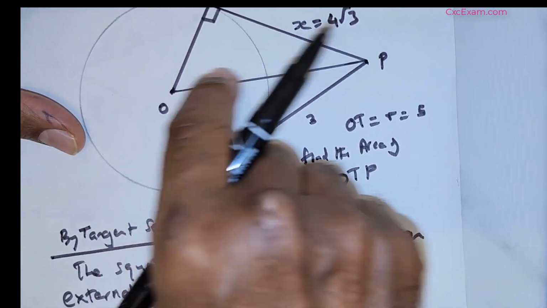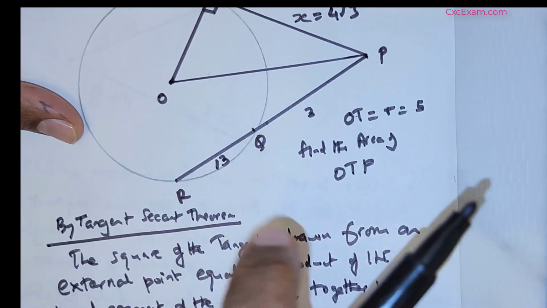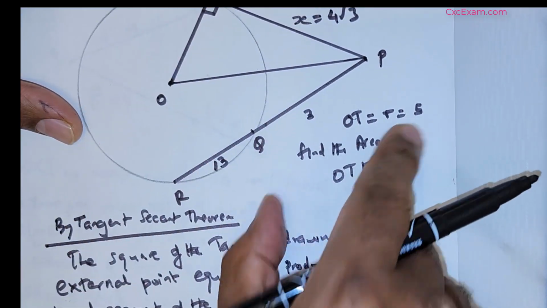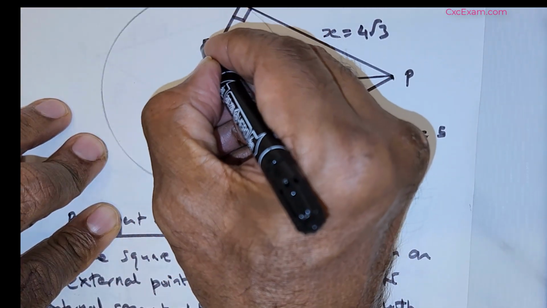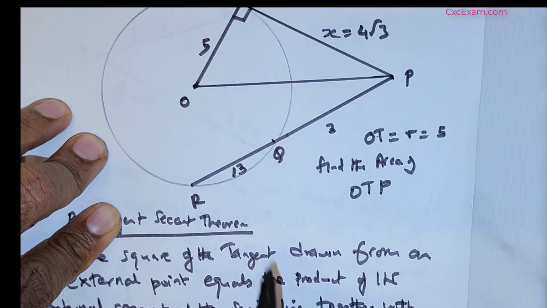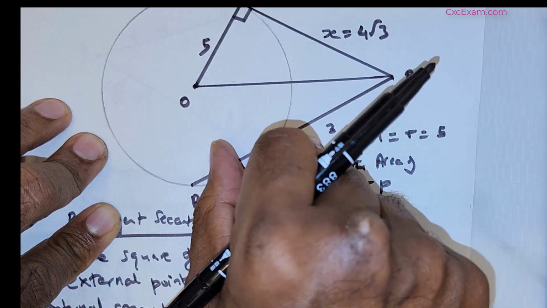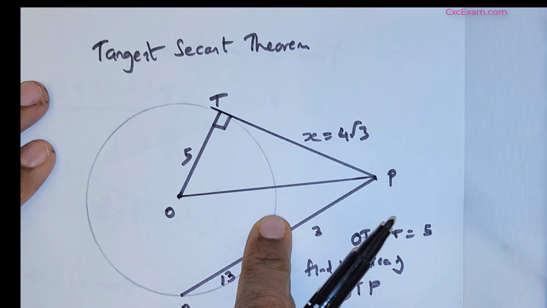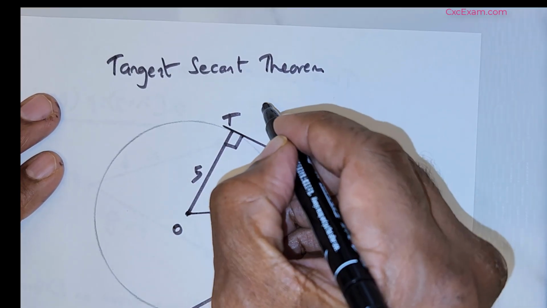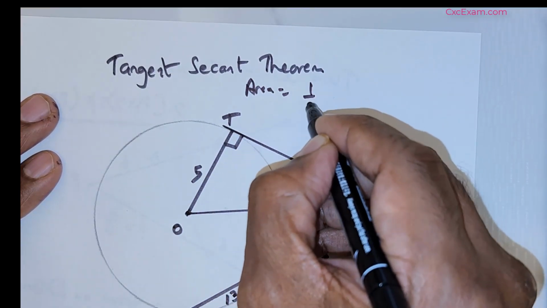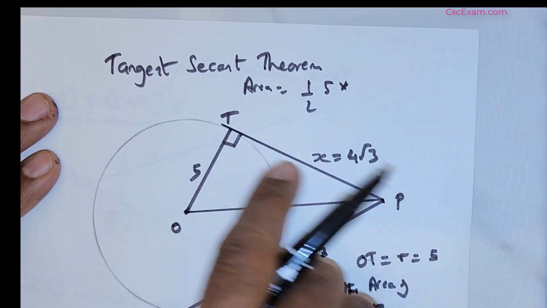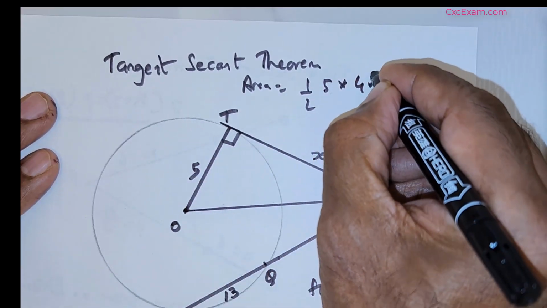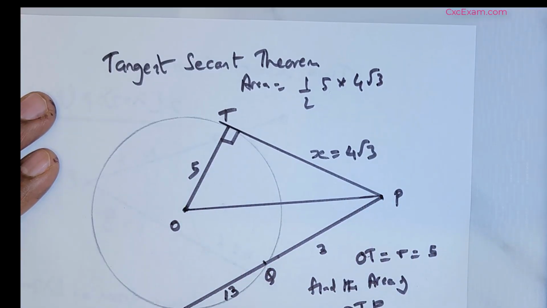So since I mentioned that this is a right angle triangle, OT is 5 units. So this is 5 units, and we want the area of the triangle, right? Area is required. So area is equal to half times the base multiplied by the height, right?